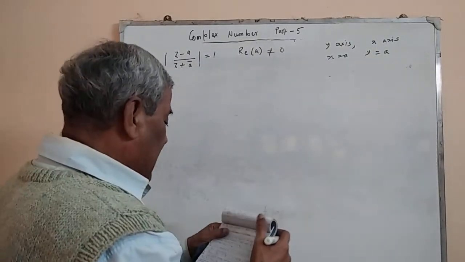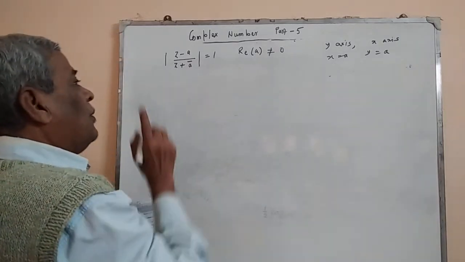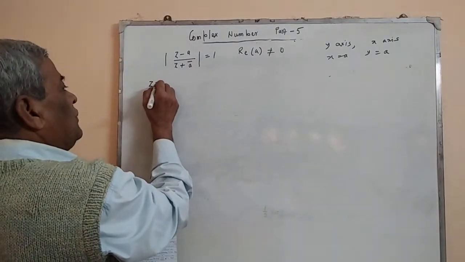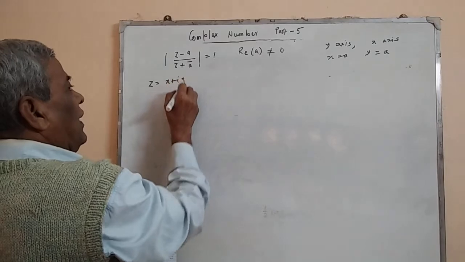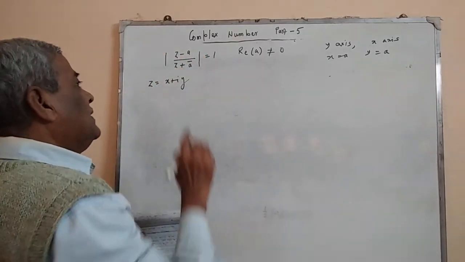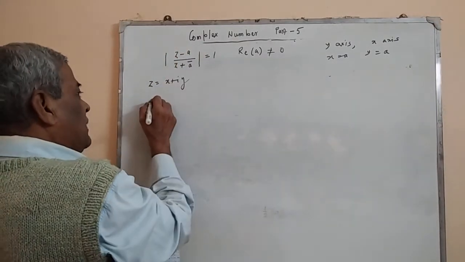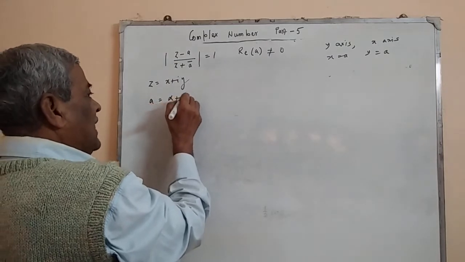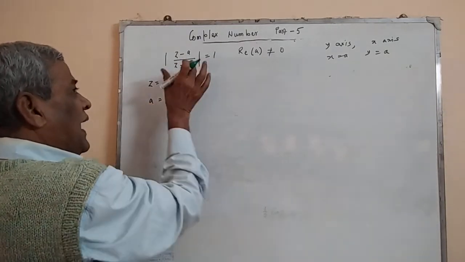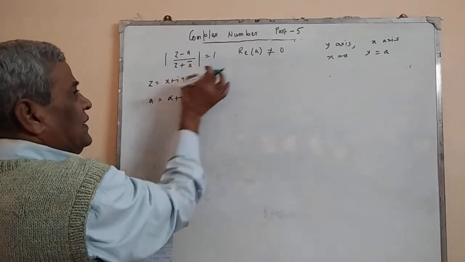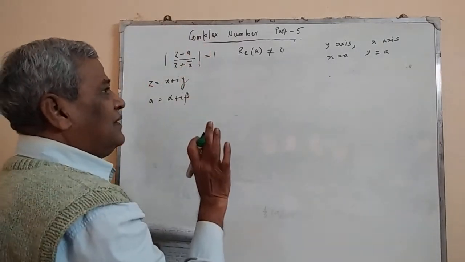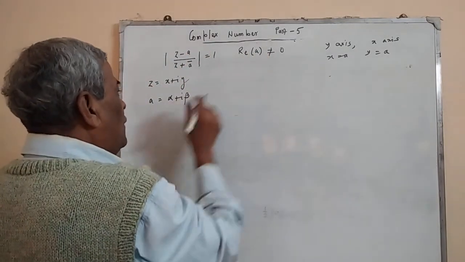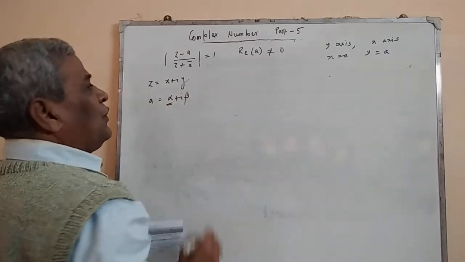The problem is actually: z is a complex number, z is equal to x plus iy, and a is a complex constant. Suppose a is equal to alpha plus i beta, and the modulus of this quantity is equal to 1. Real a not equal to 0 means alpha not equal to 0.